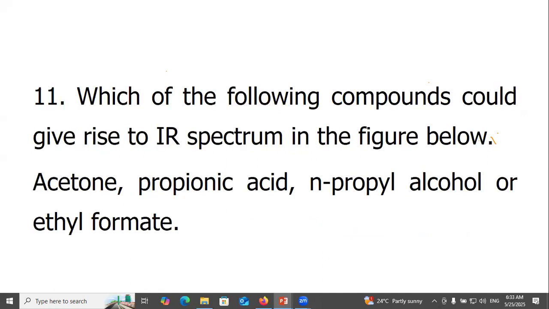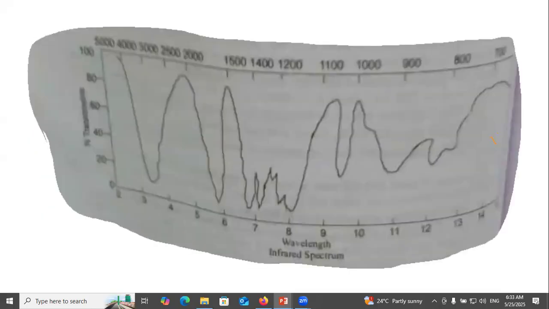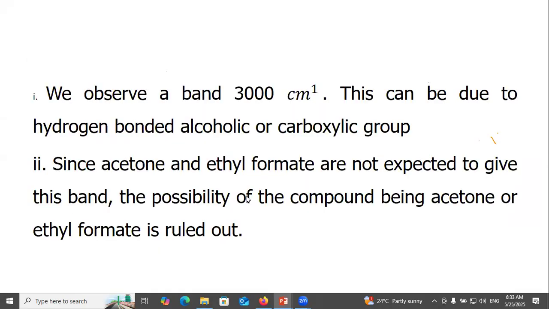Which of the following compounds could give rise to the IR spectrum in the figure below? Acetone, propanoic acid, propyl alcohol, or ethyl formate. This is the IR spectrum. We observed a band at 3000 per cm.